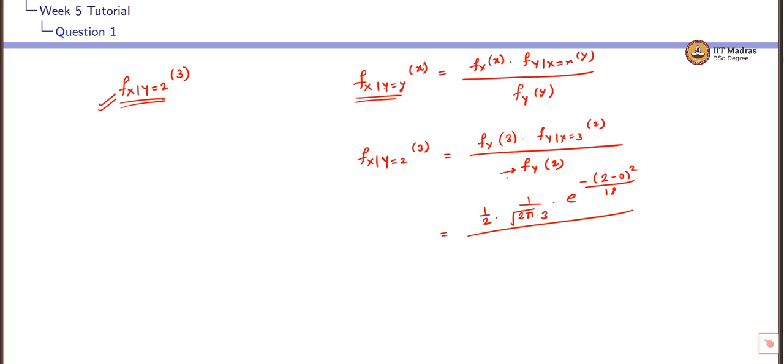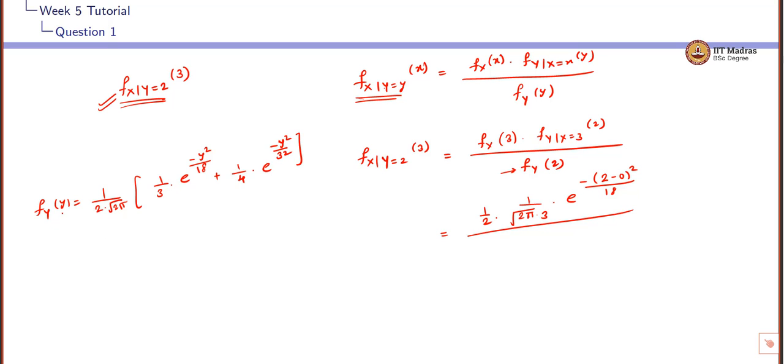And this is the marginal density for y, and we have already found out in the previous sub question what is the fy of y. So fy of y is nothing but 1 upon 2 root 2 pi in the bracket 1 upon 3 e to the power minus y square by 18 plus 1 upon 4 into e to the power minus y square by 32.